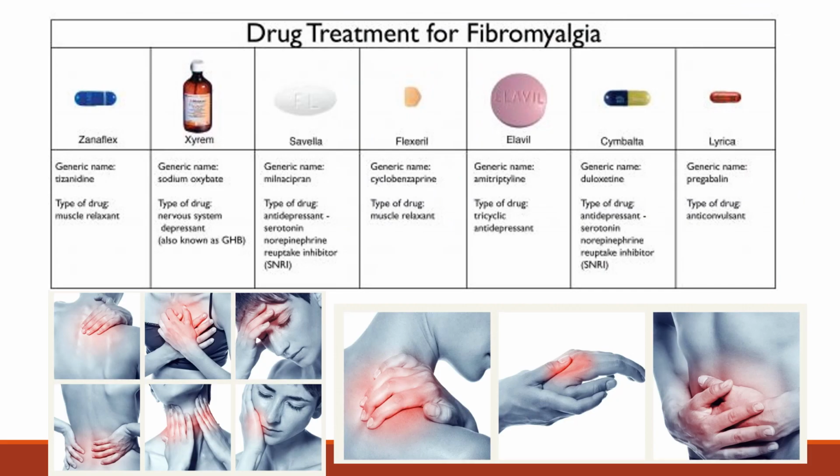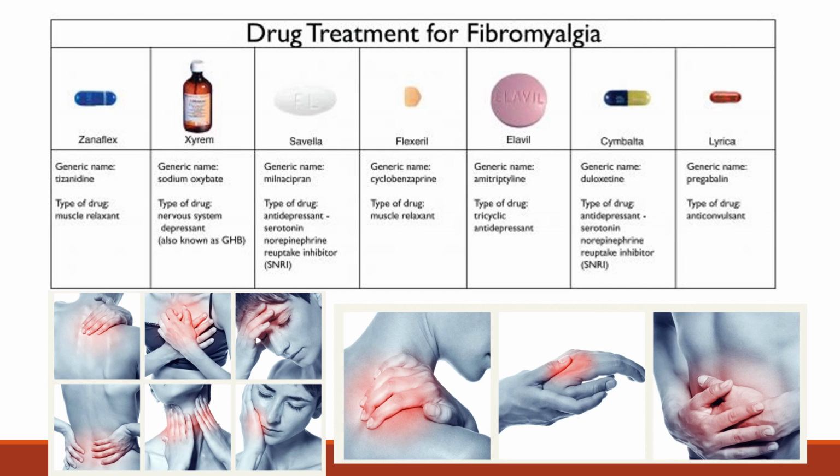Let's take a look at my picture here. So what do nurses do for our patients with fibromyalgia? And the answer is pharmacological treatment. But let's think about this for a second. If this patient is having all of this pain and all of these different symptoms, what types of drugs do you think we need to put them on?